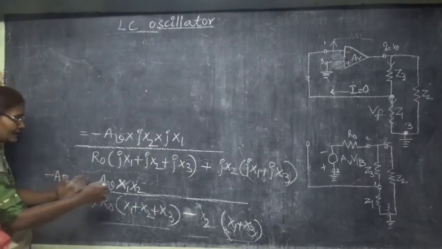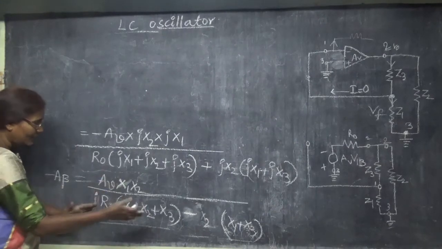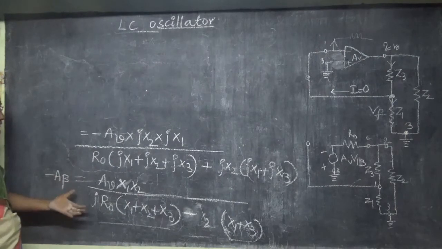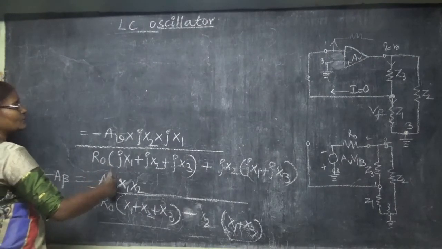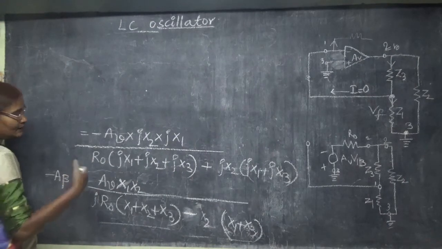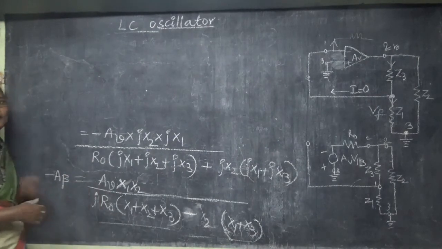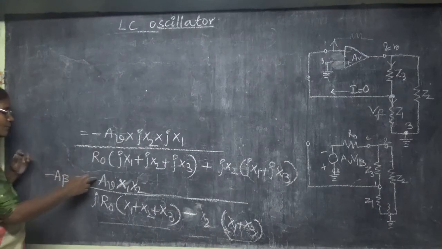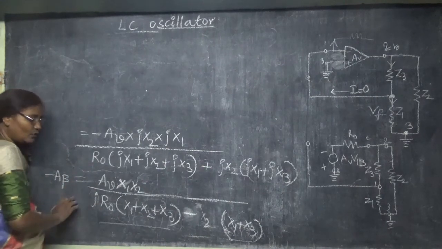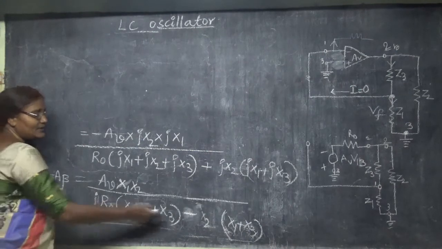Here we can't identify the real part and imaginary part separately. So when my j is on the top, then I can identify the real part and imaginary part. For that, what I have to do? If I simply multiply with the j, j will come here, j into j square, but here again j will come.